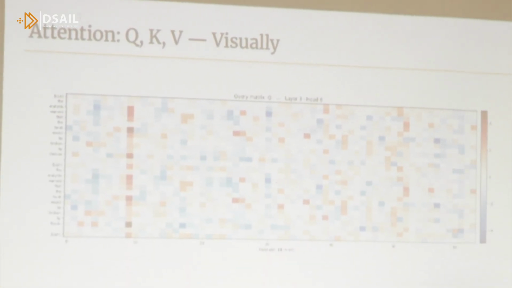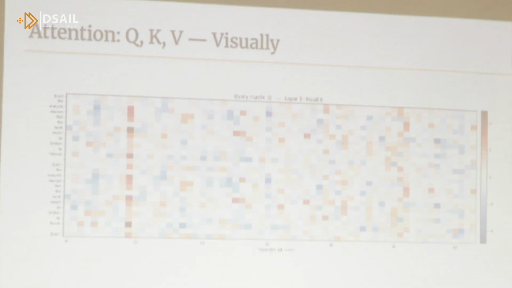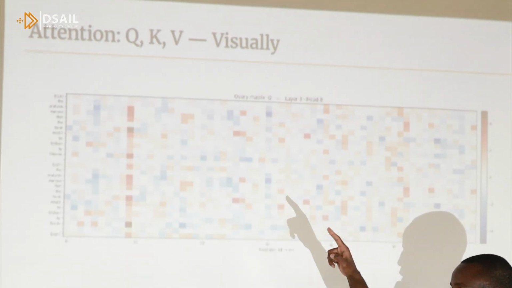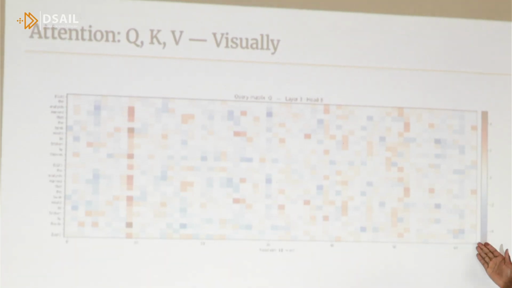Now, the query, as I said, is a matrix, but for each word it is a vector of a given dimension. Every word will have a query vector that has a certain dimension, and in this case it's 64.